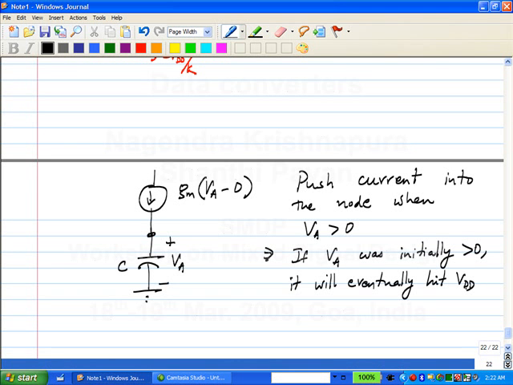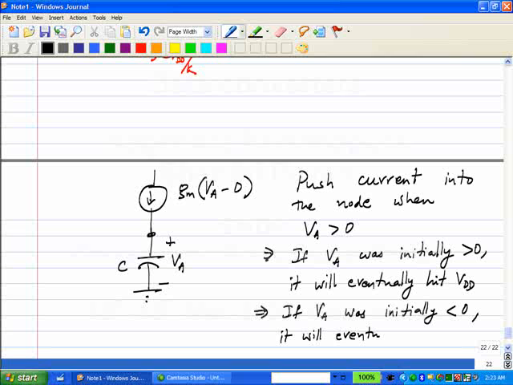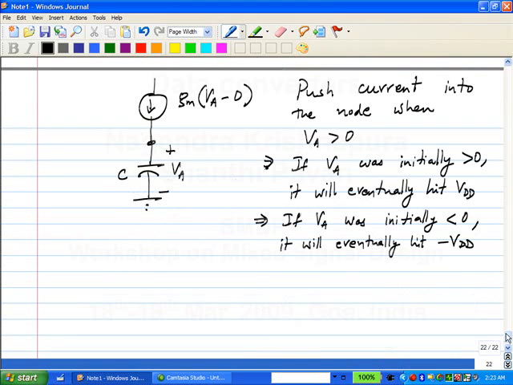Okay. On the other hand, if Va was initially less than 0, it will eventually hit minus Vd. Does it make sense? Correct?